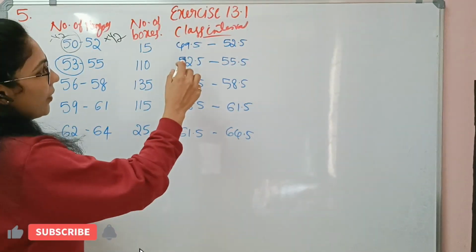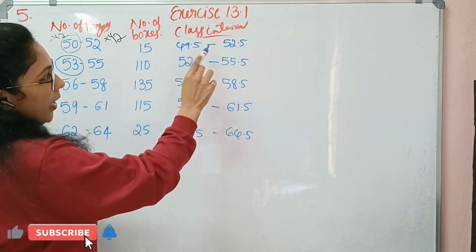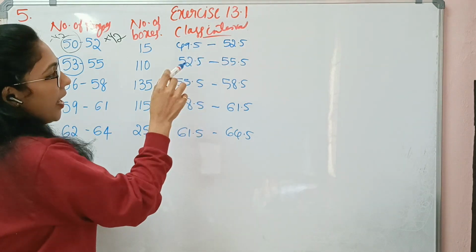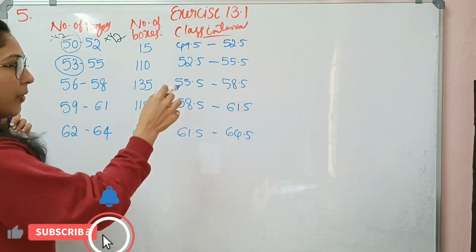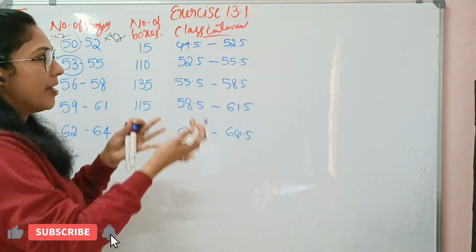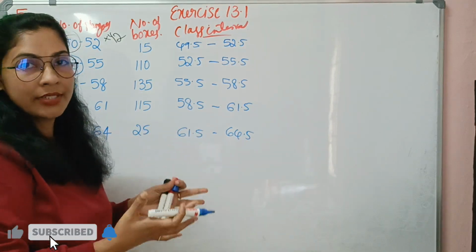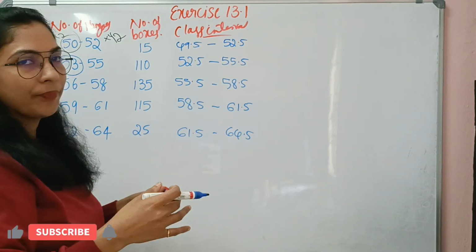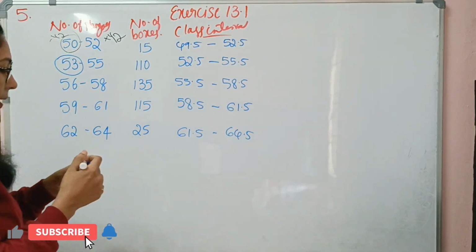Now it is in standard form, that is 49.5 to 52.5, 52.5 to 55.5, 55.5 to 58.5 and so on. Now the class intervals are in our standard form, and we solve as the usual method.